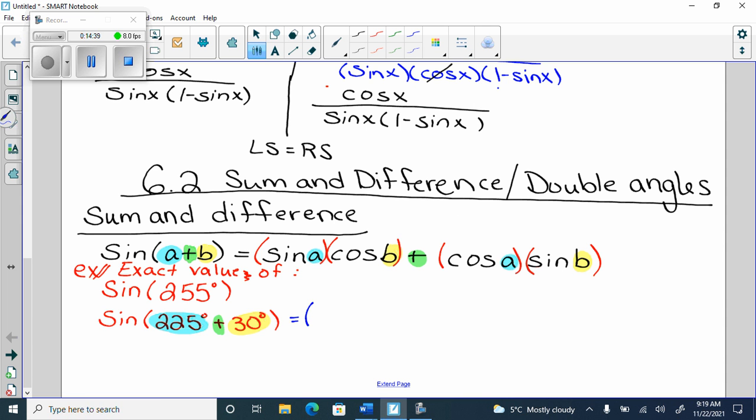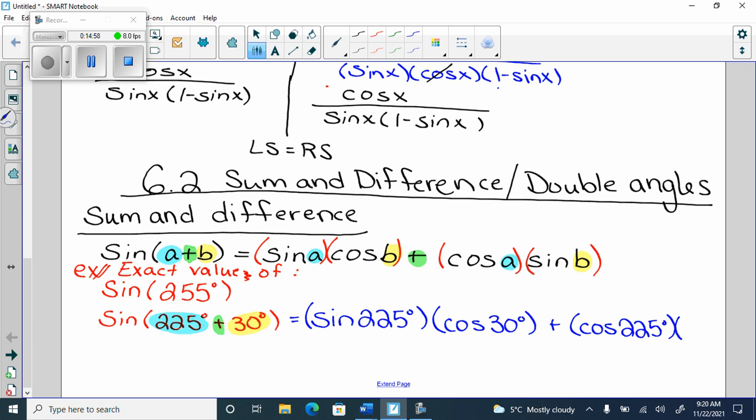So it's going to equal sine of A. A in this case is 225 degrees. Then we have cos of B, cos of 30 degrees, plus cos of A is 225 degrees, and then sine of B is 30.